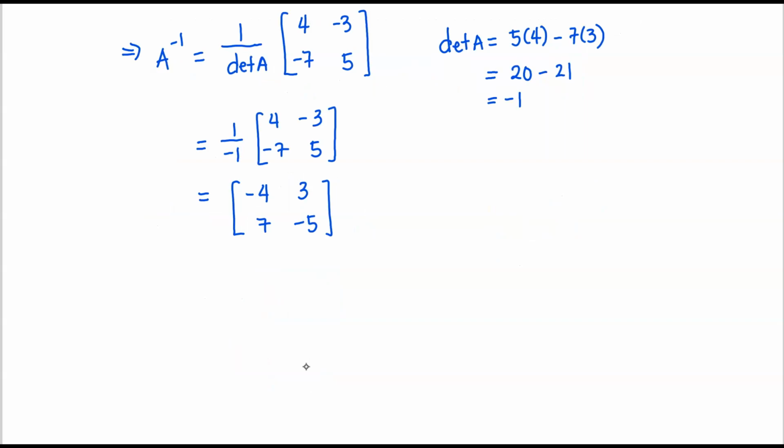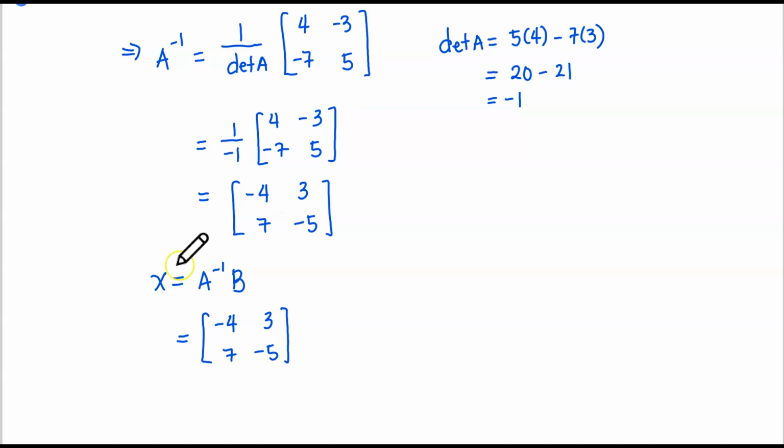And hence, to solve for the system X, which contains the variables x and y, this is just equal to A inverse times B. Our A inverse is the matrix here, the inverse of the matrix: -4, 3, 7, -5.